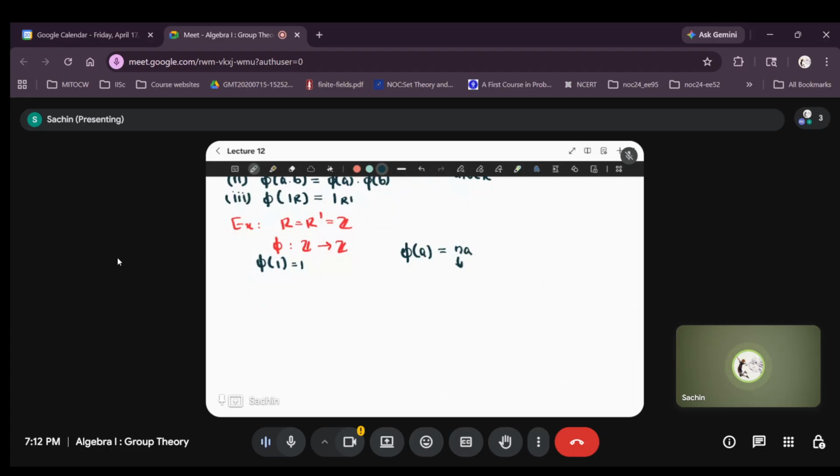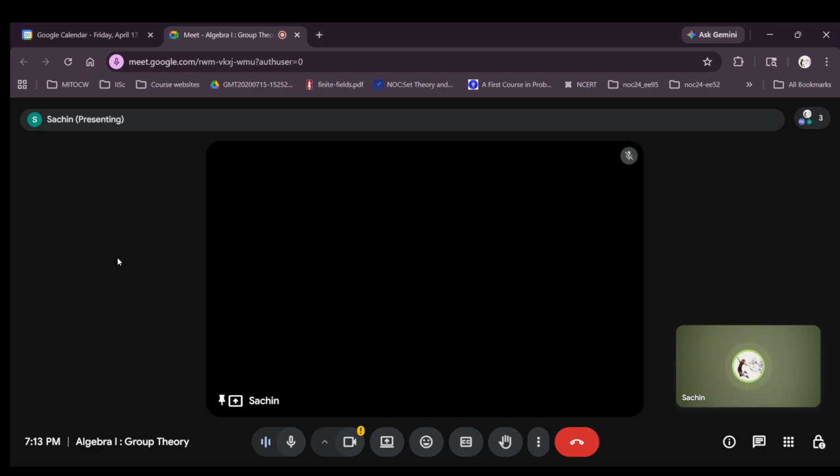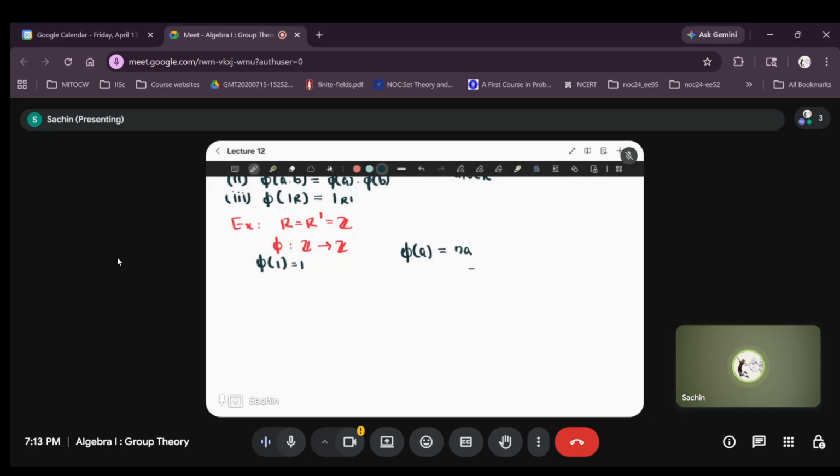But this is not possible now, right? Phi of 1 should be equal to n times 1, which is n, but this must be equal to 1. So n must be equal to 1. So phi of a is equal to a. At least when you look at homomorphisms of this type, there is only one. You're forced to choose n equal to 1 because phi of 1 must be equal to 1.